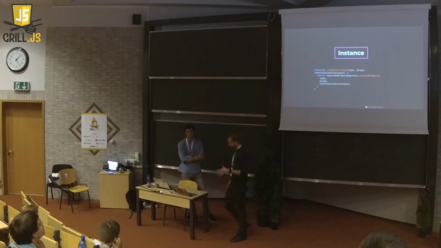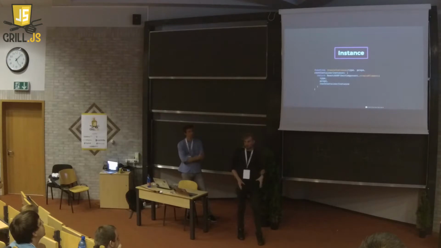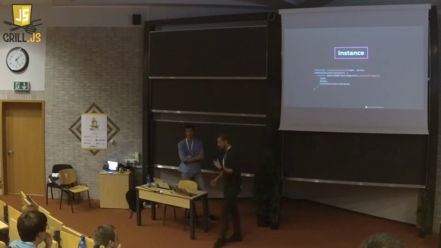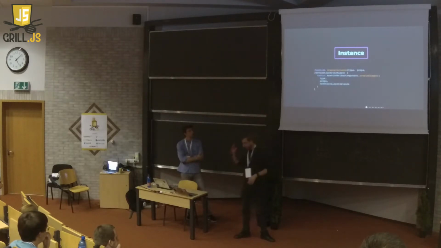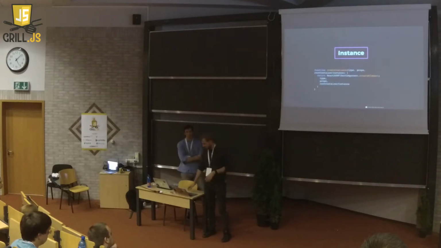And why is it changed? Because of a little data structure called Fiber. And this data structure actually contains the information about the priority of our instance. It has the pointer to the instance, it has the type, key, and all the descriptions we need.